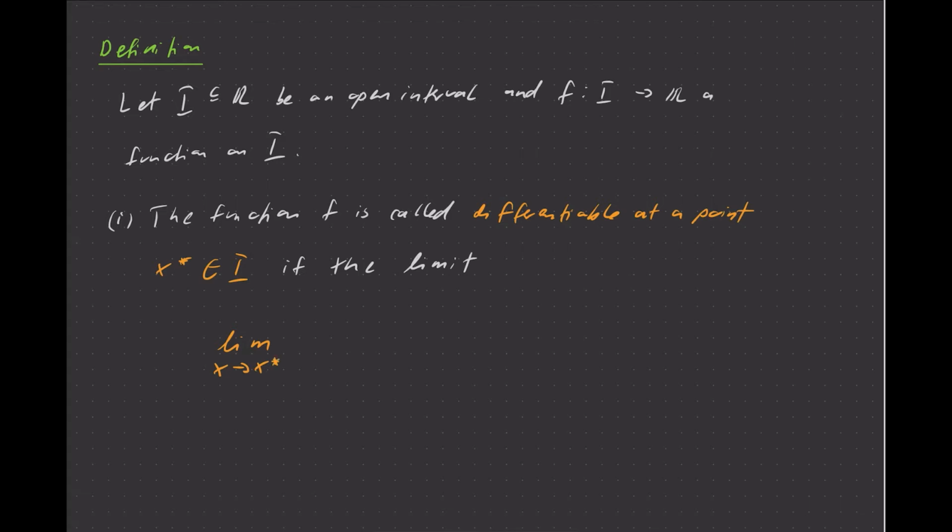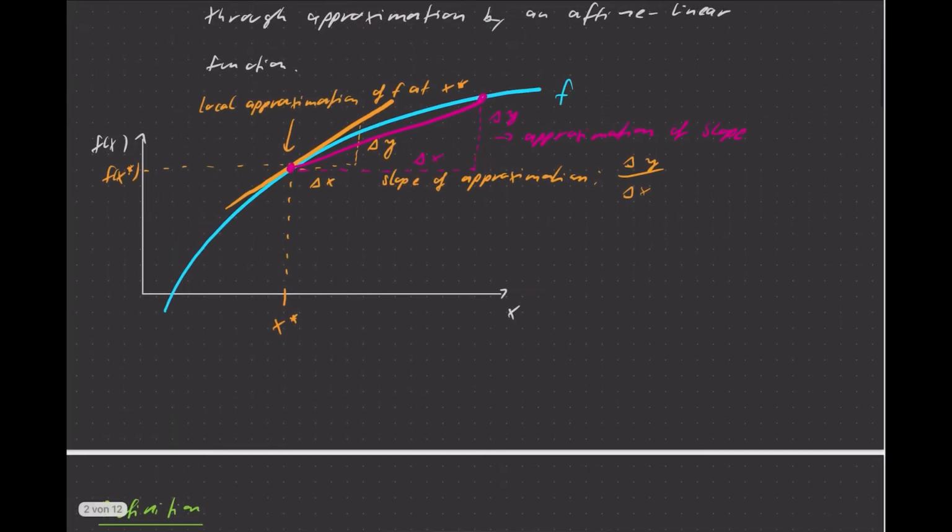So that's what's happening here. We take the limit as x tends to x star, and what we do is we compute the slope given by that red triangle here.